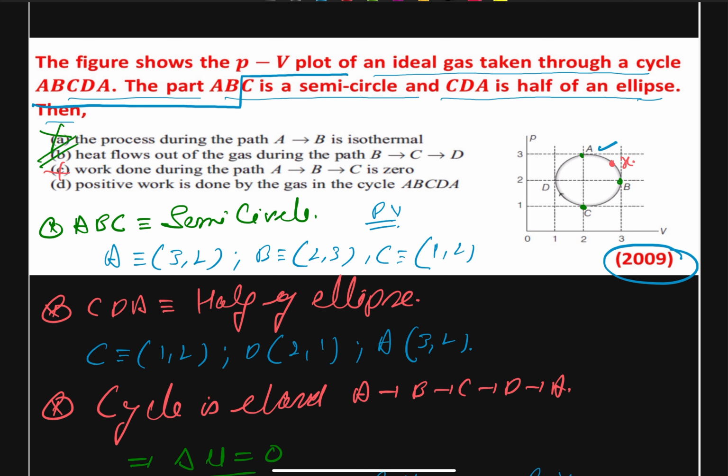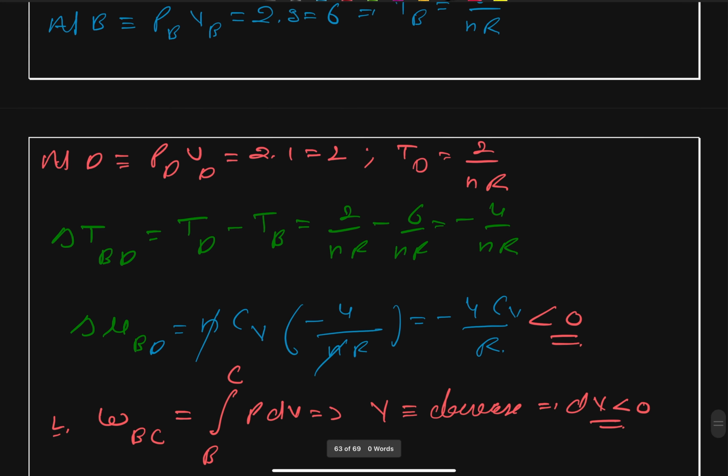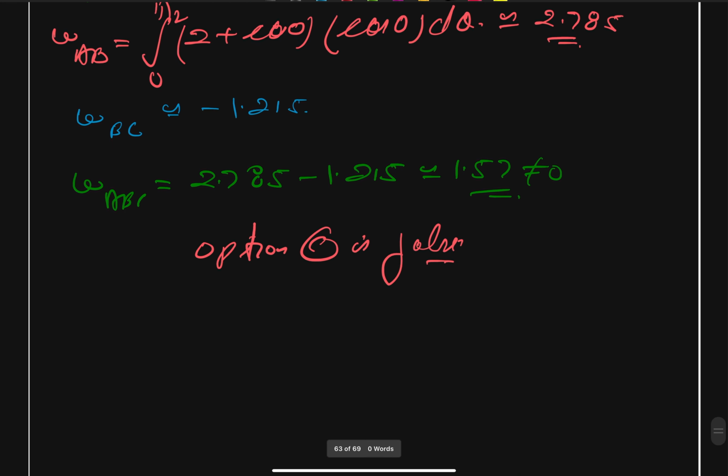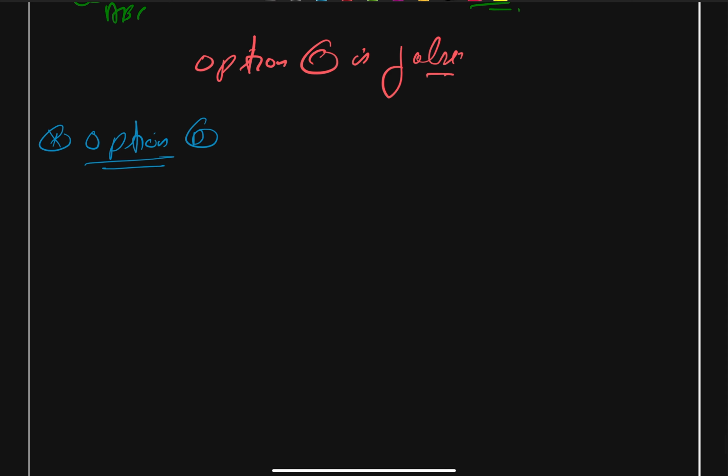Option D is positive work is done by the gas in the entire cycle A, B, C, D, A. Okay, and for that we can approximately find out with respect to our areas. So positive means it should be greater than or equal to 0. Let's find out the approximate areas.